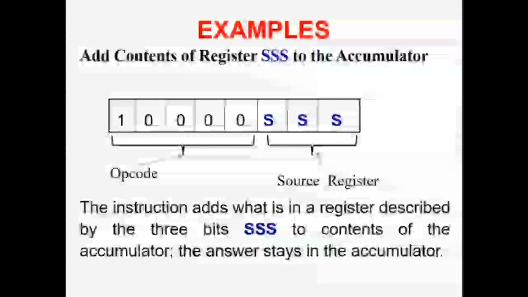So if we are going to put the answer in register L, that means we are moving from the accumulator to register L. L is the destination, the accumulator this time is the source.